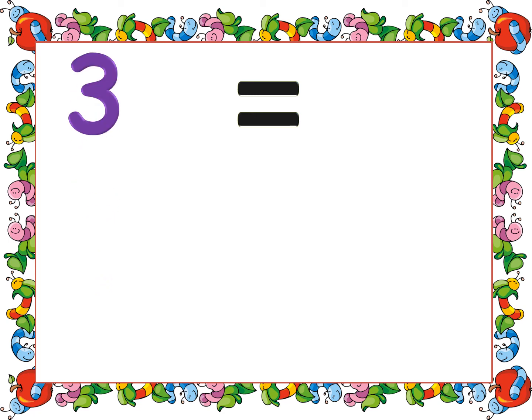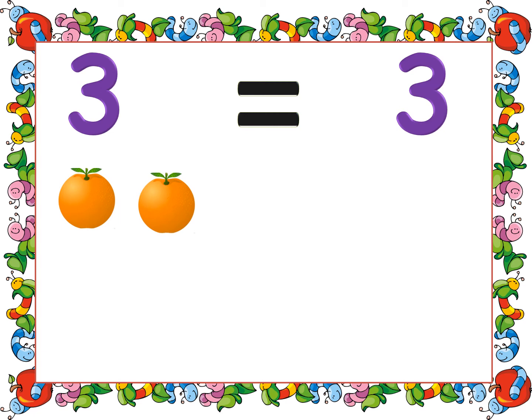Again, 3 and 3. Which will the alligator eat? Let's draw objects. 1, 2, 3, 1, 2, 3. 3 oranges and 3 mangoes.